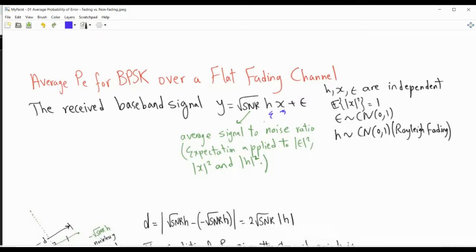There is multipath fading. It may actually be significant, but we are basically operating under the flat fading channel model, which is called the frequency non-selective model. In that model, the delay spread is much smaller than the symbol duration.